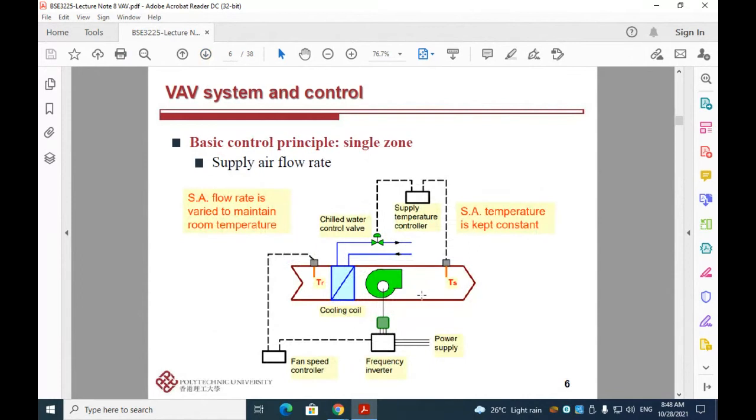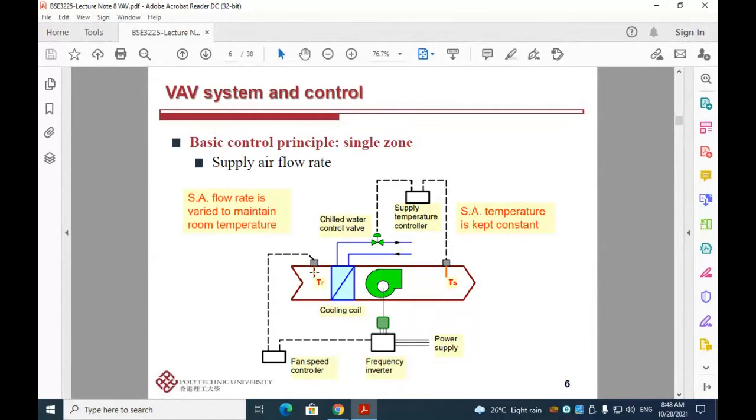First of all, we will be looking at the basic control principle for a single zone that is conditioned by the VAV system. You can see that we have a return duct and a supply duct.